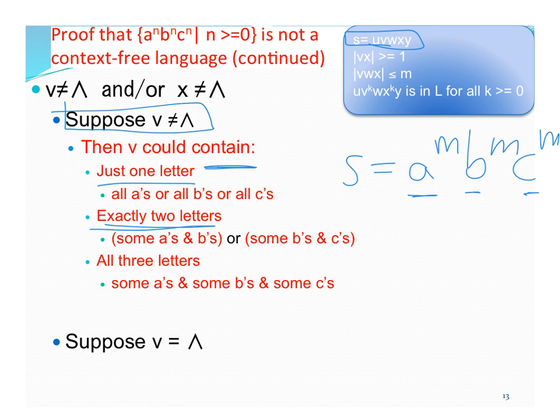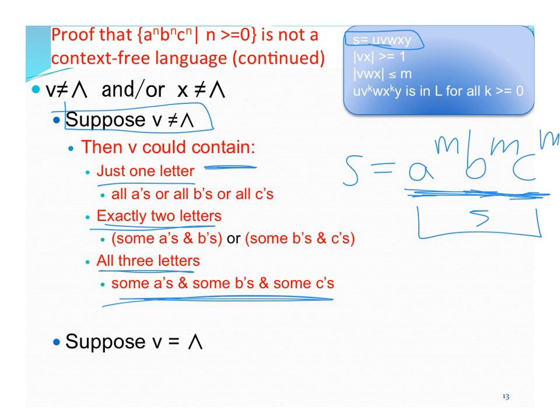Or maybe V takes the form where it's two letters, so it's just some A's and B's, or just some B's and C's, right? It can't be A's and C's because it would have to have the B's in there too. Or maybe it has all three letters in it, right? So it's got some A's and some B's and some C's. So I'm just trying to kind of logically say, what are all the possibilities if V is not lambda? Let's keep going.